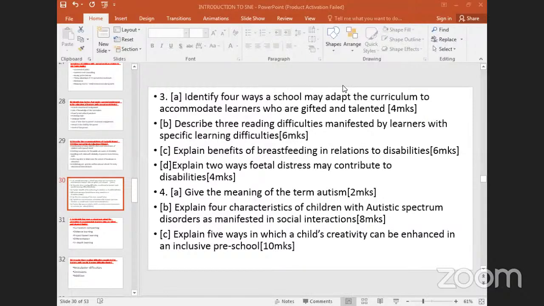Therefore, it is very important for every point to be on its own line until you have the four. Start your point on a fresh line so that the examiner does not look for your point, like looking for it in the bush.